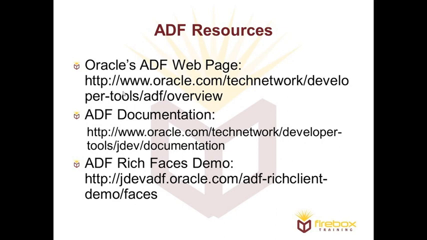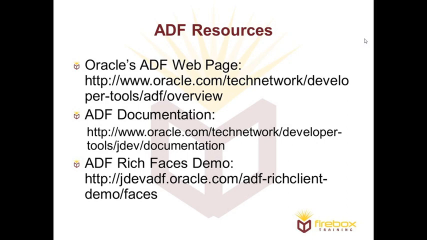They have documentation on just the view layer if you want, or if you want just an overall Fusion overview. There's about 10 different types of documentation that they provide. And there's also a really good ADF Rich Faces demo, which just demonstrates some of the features that Rich Faces provides. And in fact, I'm going to show you real quickly what that looks like.